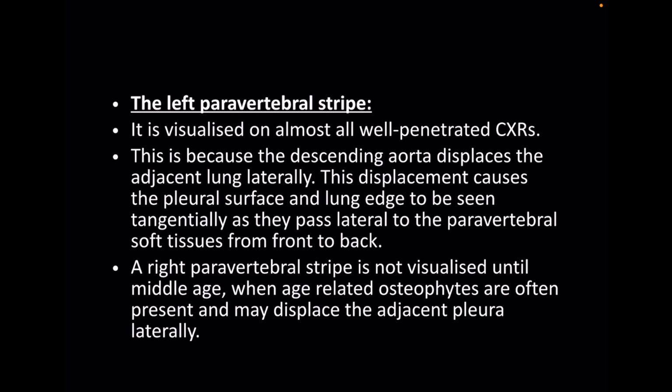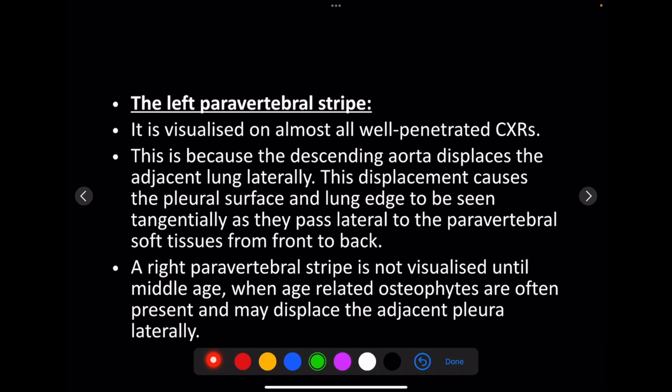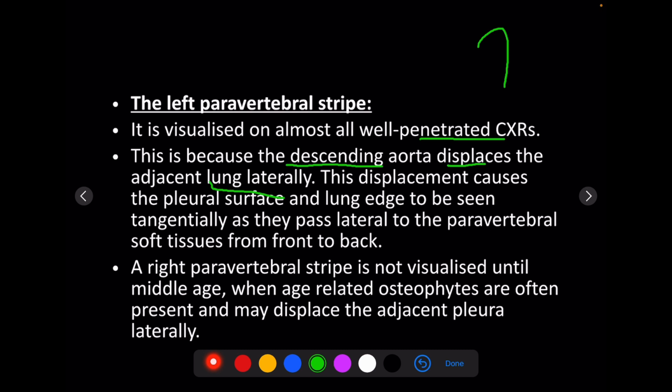Now coming to the left paravertebral stripe. On the left side near the vertebra, it is usually seen on all well-penetrated x-rays. This is mainly due to the descending aorta, which displaces the left lung laterally. So there is a descending aorta and there is a left lung.